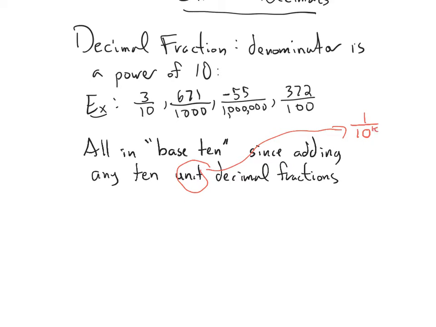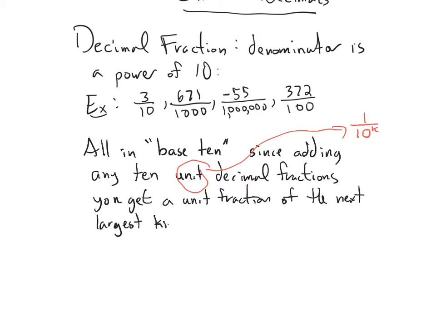So it's 1 over 10 to the whatever. So a decimal fraction with a 1 in the numerator. So if you add up any 10 decimal fractions, you get a unit fraction of the next largest kind.